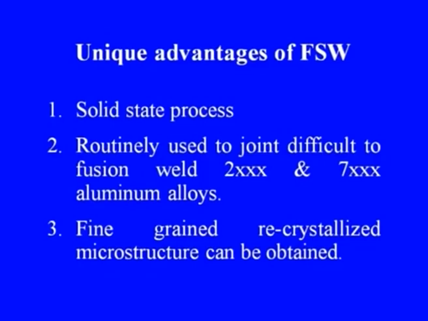This process is routinely used to join difficult to fusion weld materials like 2000 series, 7000 series of aluminum alloys. Then a fine grained recrystallized microstructure can be obtained as a result of this joint.